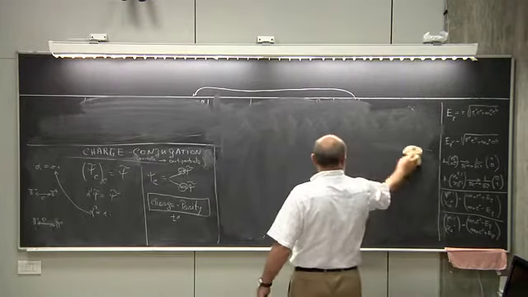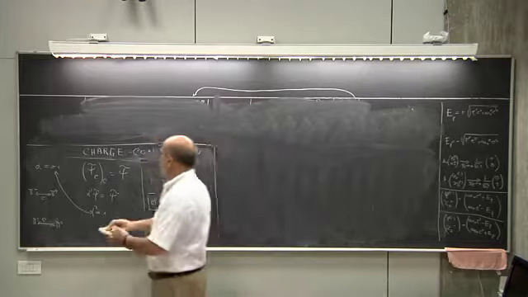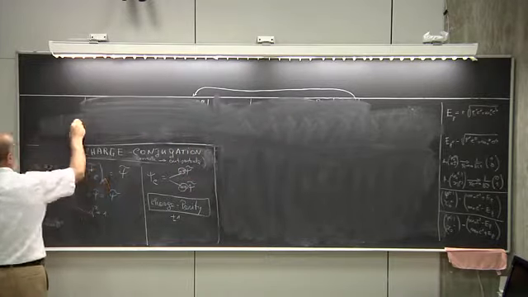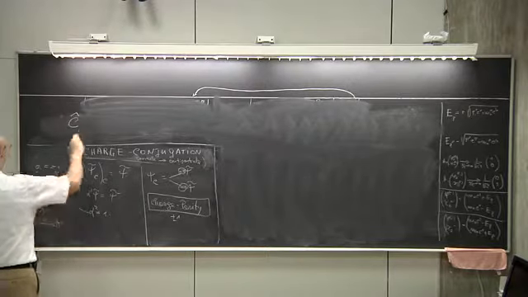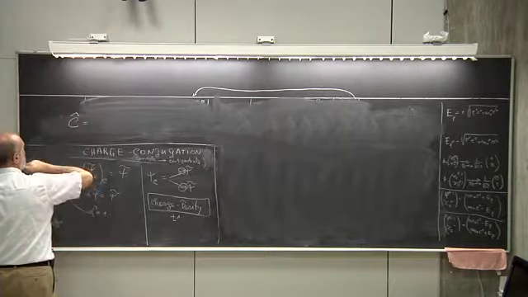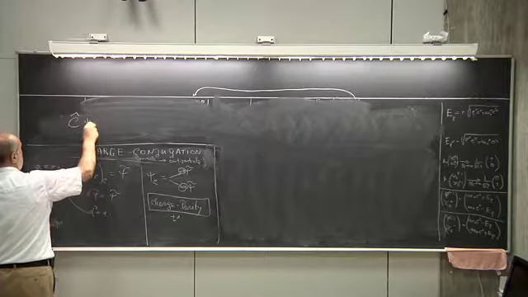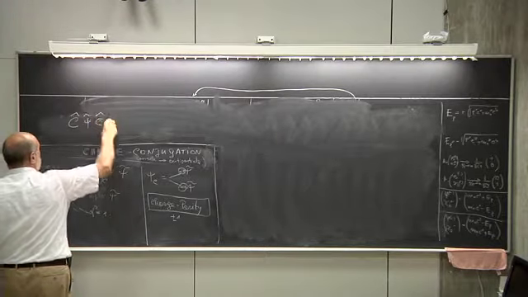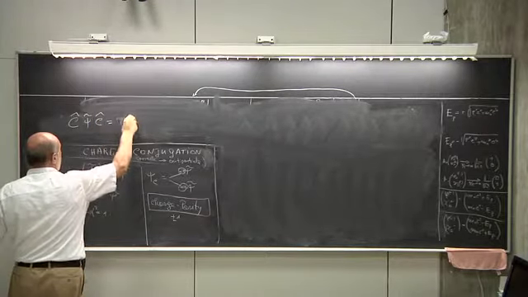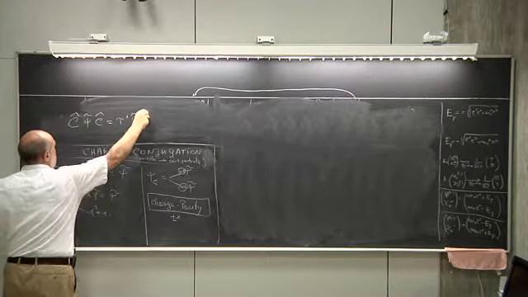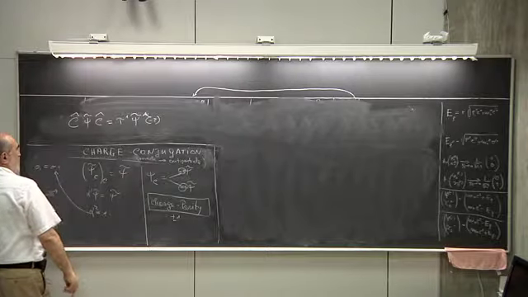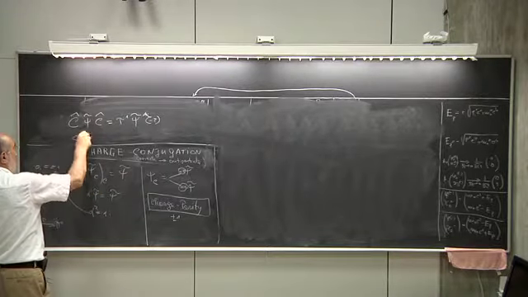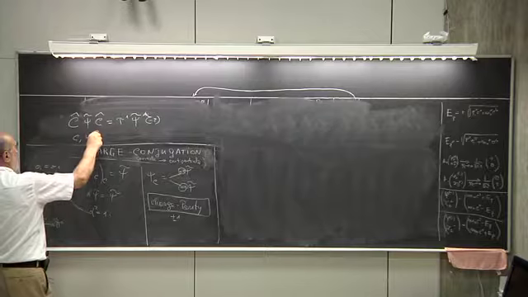Well, it has been proven that this operation of charge conjugation, let's call it an operator, does the following: it takes psi tilde into tau1 psi tilde star and sends p into minus p. This operation commutes with the Hamiltonian of strong interaction.